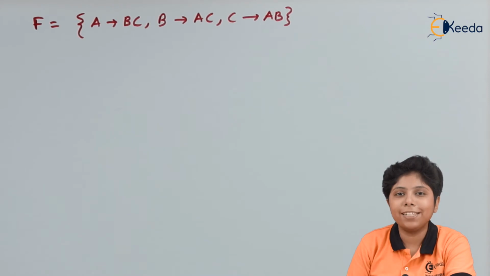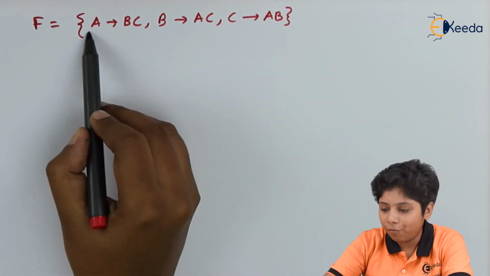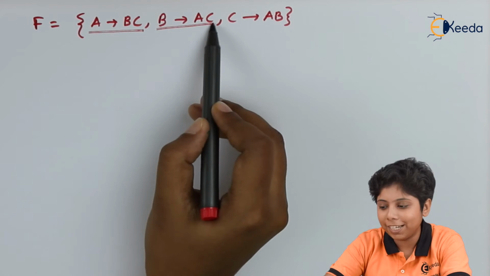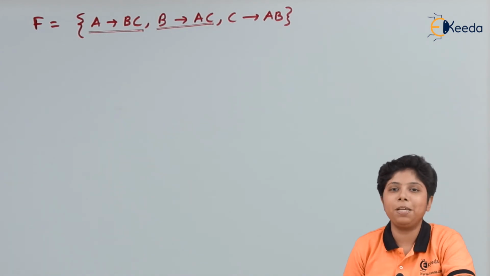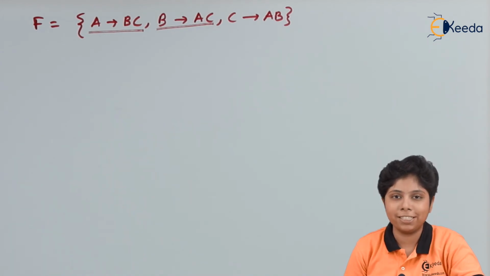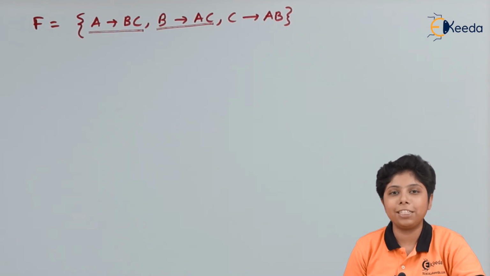Now, if we look at this example, A defines BC and B defines AC, so A and B both become extraneous in this F. So we cannot delete both, because we will lose our functional dependency preservation, which we cannot do in the canonical cover.